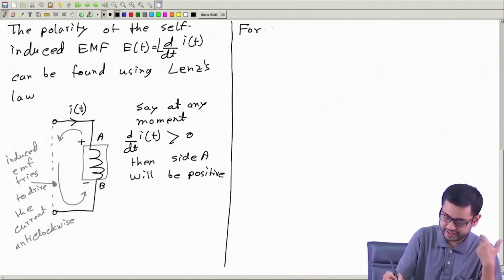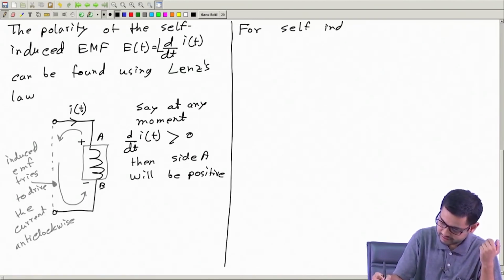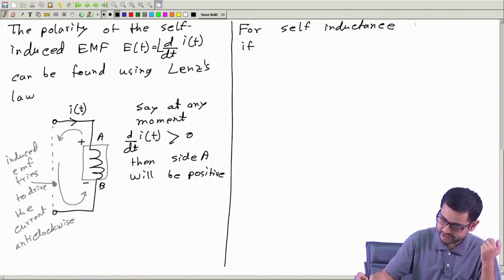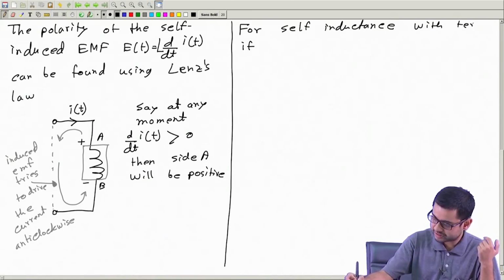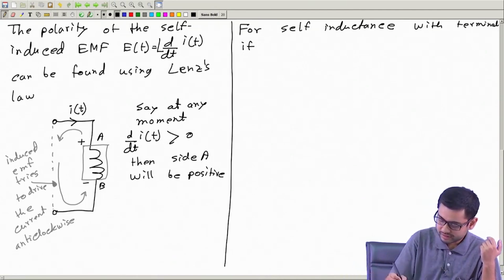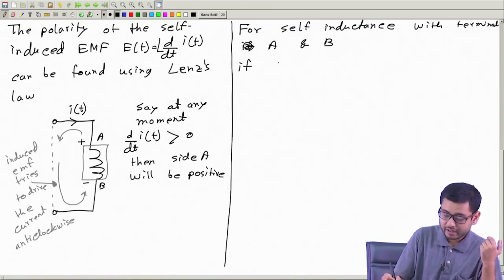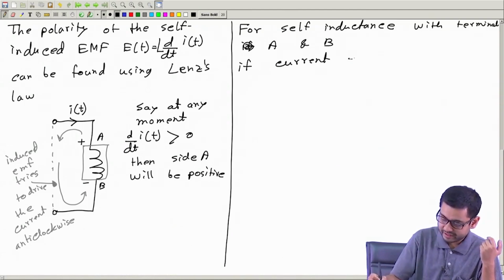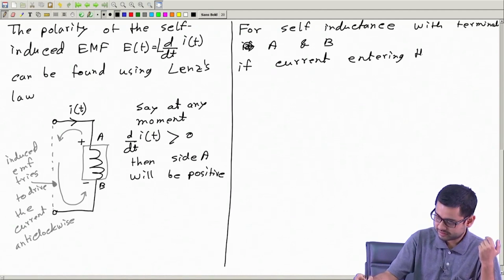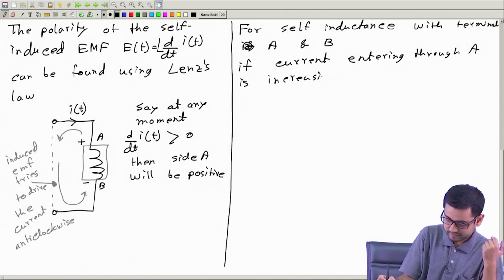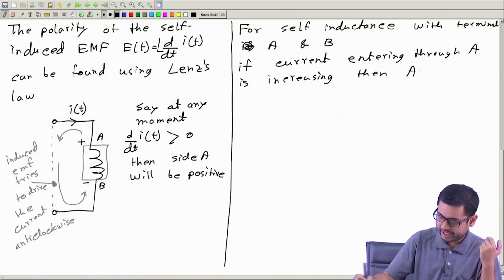For self-inductance, say with two terminals, A and B, if current entering through A is increasing, then A will be positive.